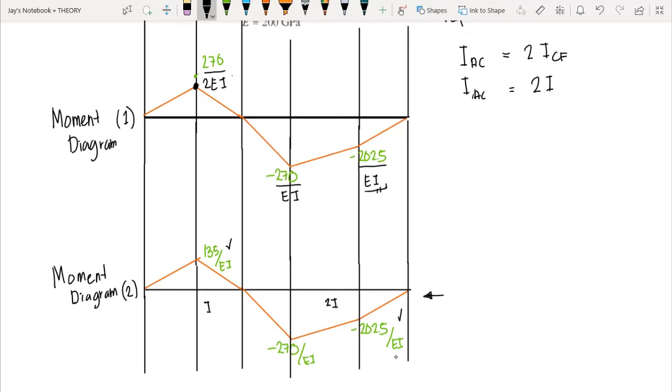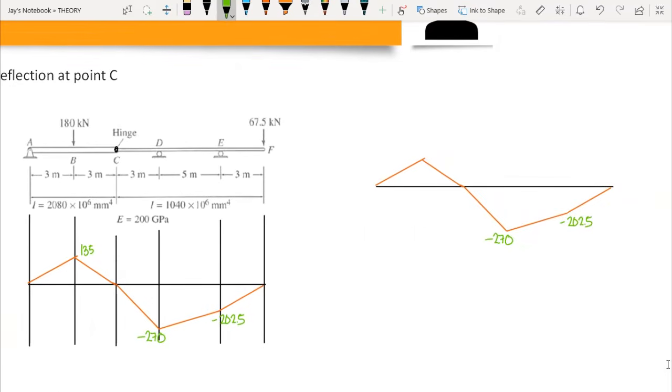So we will be adapting this moment diagram as our load diagram for our conjugate beam. So we have this as our conjugate beam. In the conjugate beam, again, we adapted the moment diagram as the load diagram, and since we have positive moment from A to C, that means we have a load which is acting upwards.